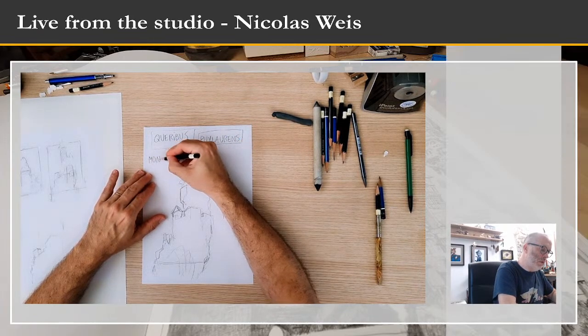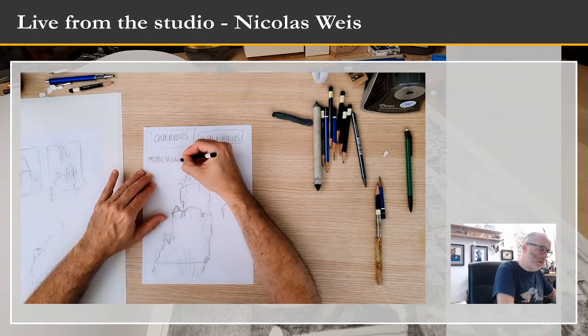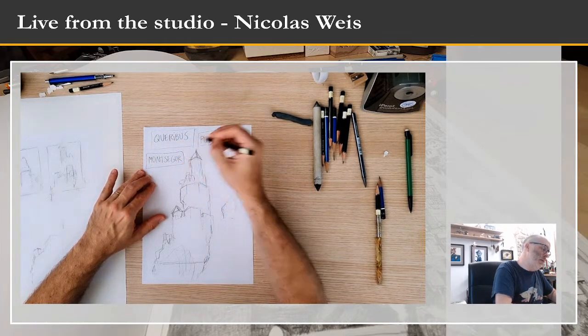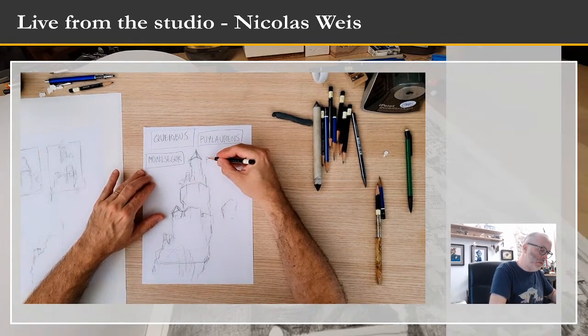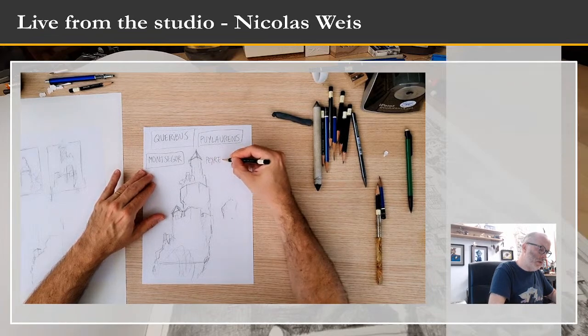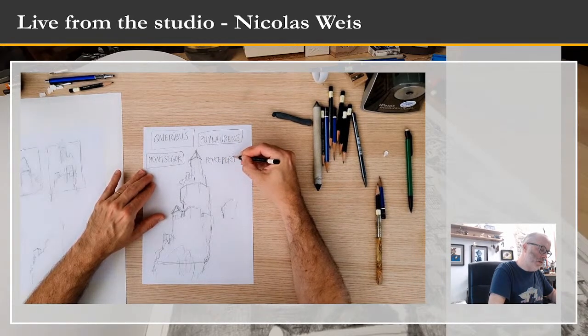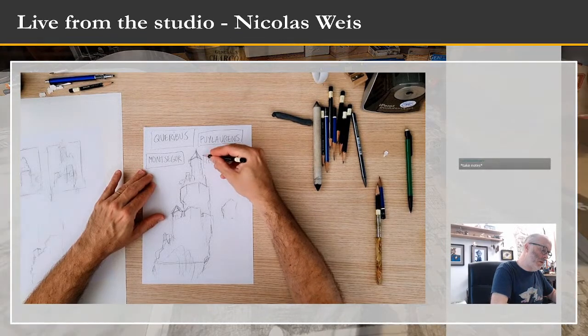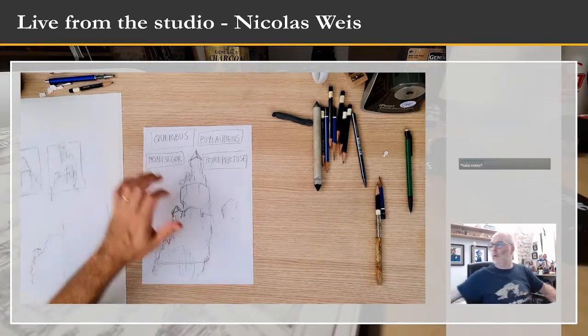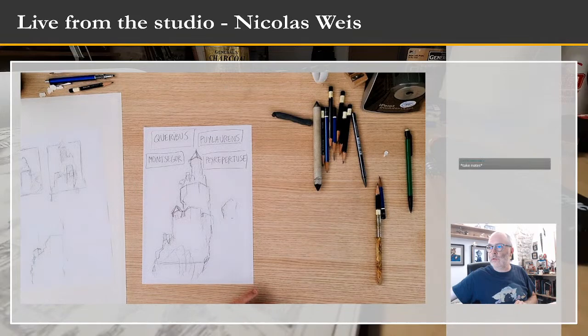Obviously, you have Montségur, Peyrepertuse, and then you have smaller ones like Roquefixade.